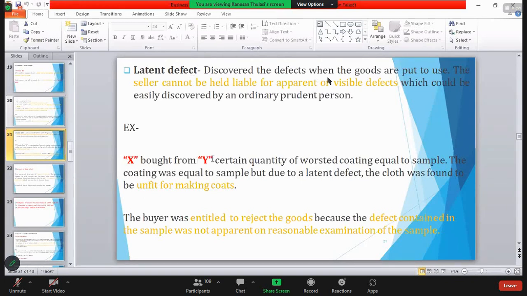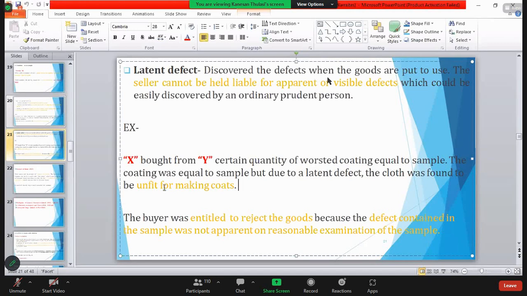X bought from Y a certain quantity of worsted cutting equal to the sample. The cutting was equal to the sample, but due to a latent defect, the cloth was found to be unfit. What's the reason he bought that kind of cloth? For making a coat. But later they found that the material was unfit for making a coat.